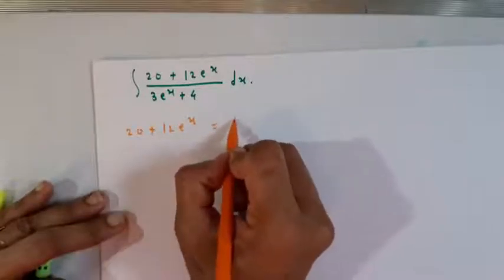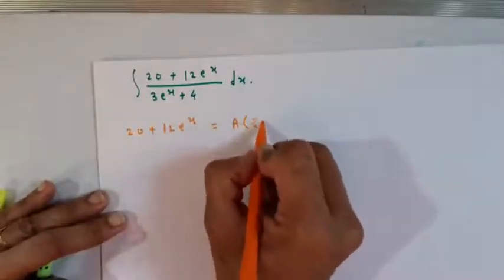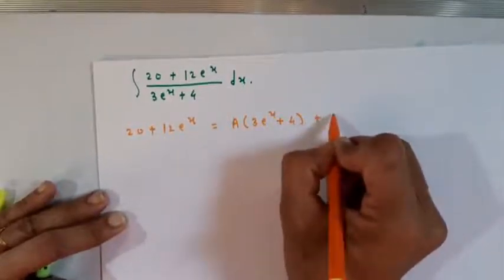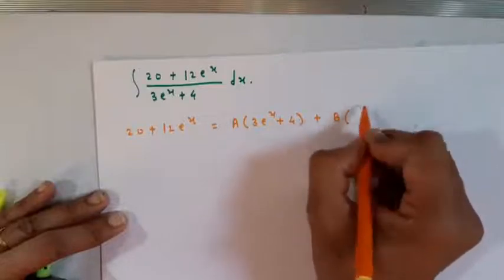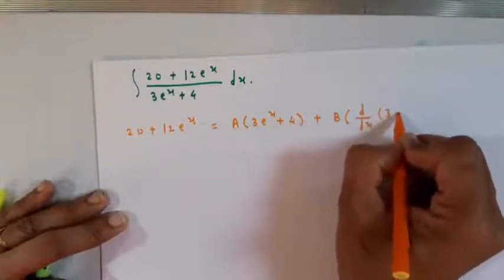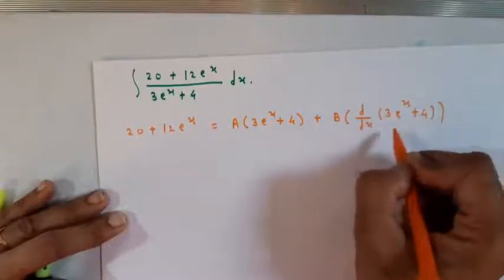equal to a into the denominator. The denominator is 3e^x + 4, plus b into the derivative of the denominator. So the derivative of the denominator term is d/dx of (3e^x + 4).